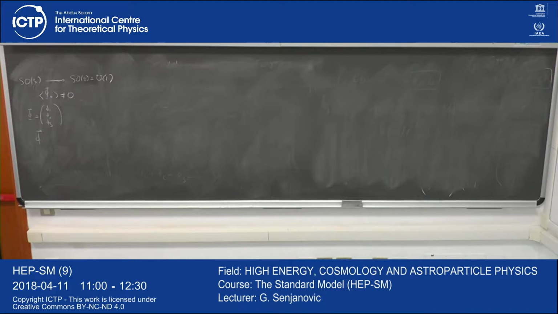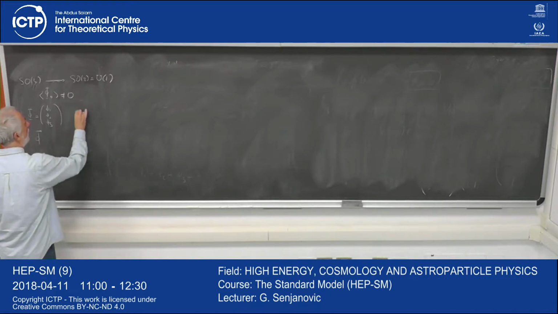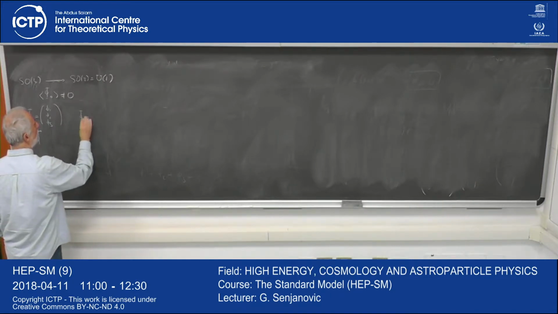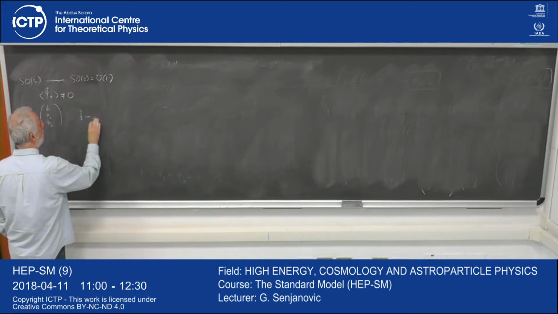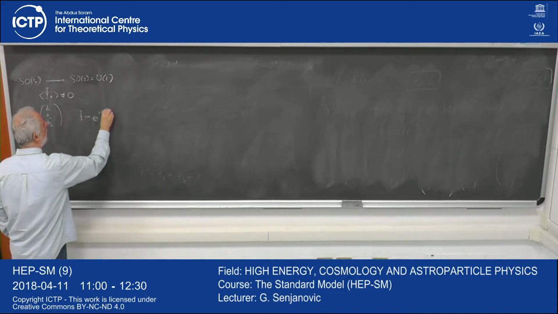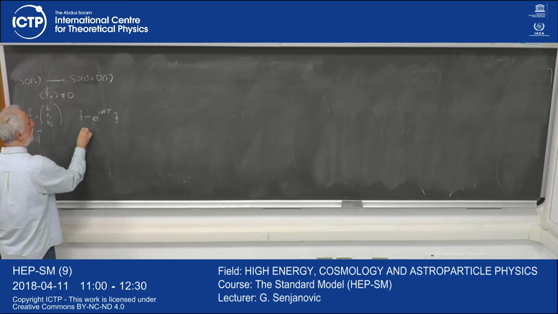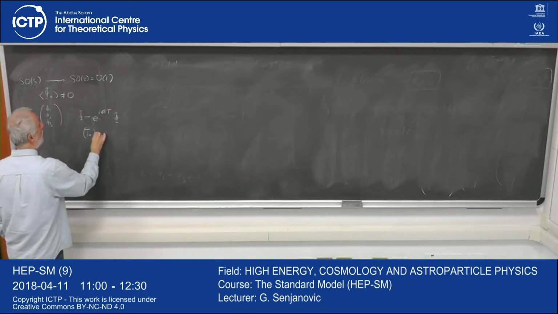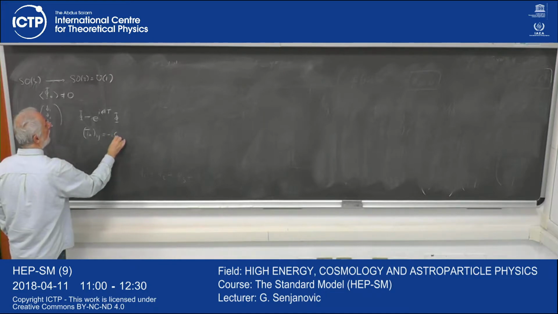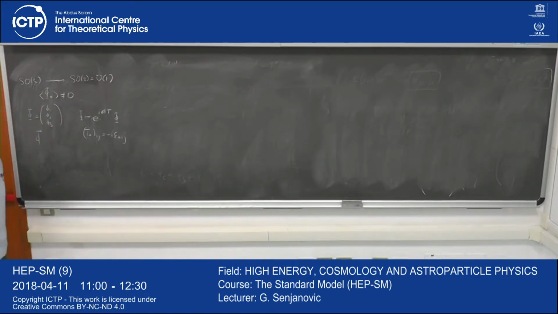Now, the triplets, which transform as usually every field transforms as e to the i theta T phi, the generators characteristic of the triplets are the structure constants of the group. Okay.